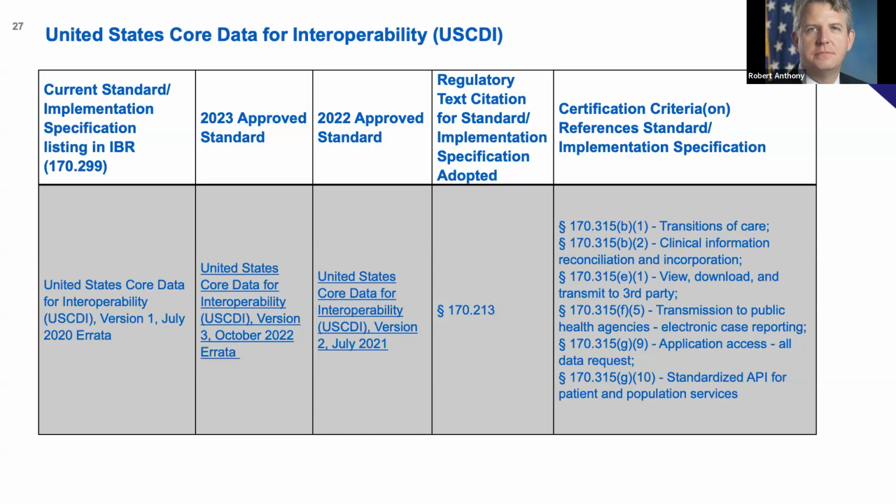The process of SVAP is outlined in some of the resources on our website, but essentially it will involve a process of notifying your developer or your ACB that you are advancing to the next version so that they can indicate it, a process of notifying your end users so that they can take advantage of it and they know that that is there for them. And then you will account for it in your real world testing plans and results.